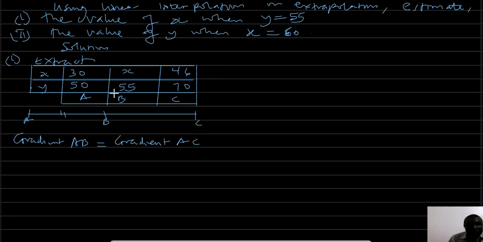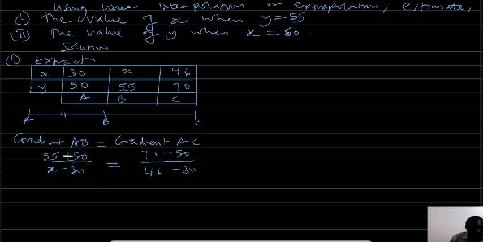So I'm going to start. This is my second point, my first point. I have 55 minus 50 divided by x minus 30, which is equal to gradient AC. So we get the gradient between the two points A and C: 70 minus 50 over 46 minus 30.